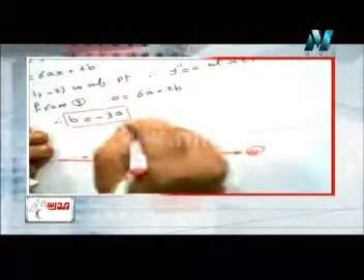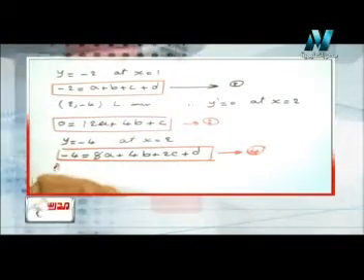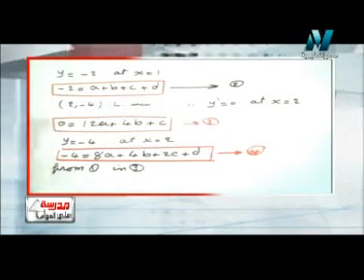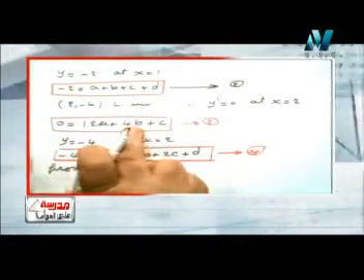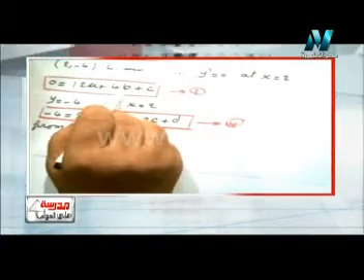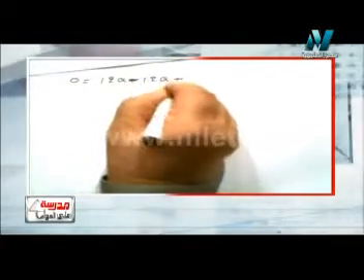From number 1, we get b equal negative 3a. We can substitute it in 3. We can put b equal negative 3a, then 0 equal 12a plus 4 multiply negative 3a, negative 12a plus c.